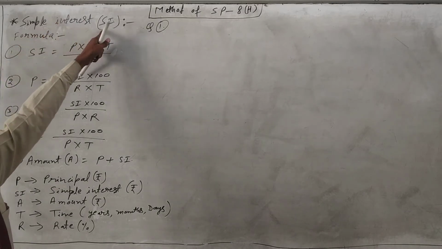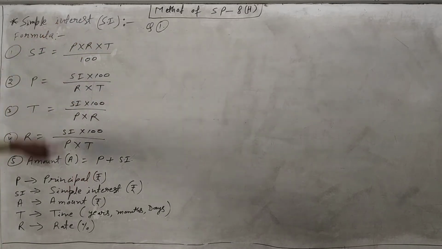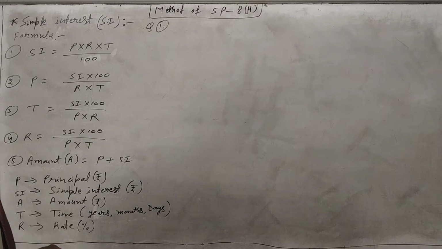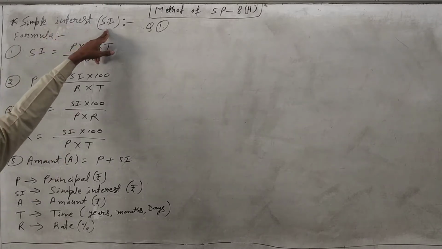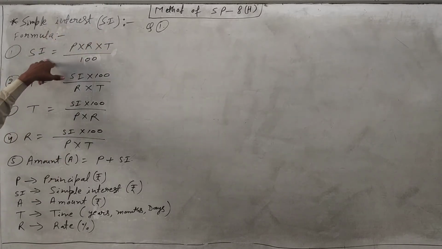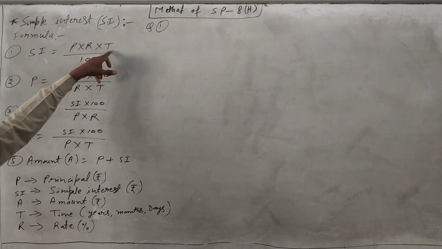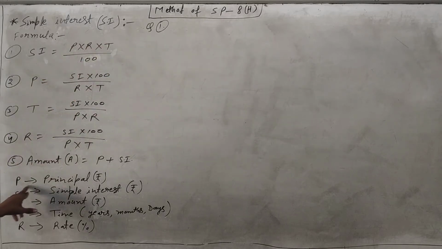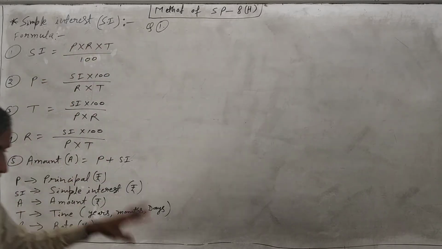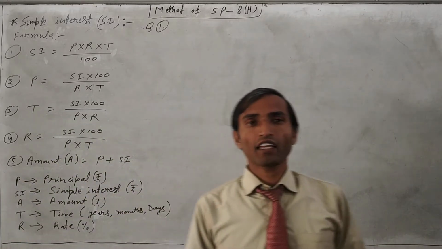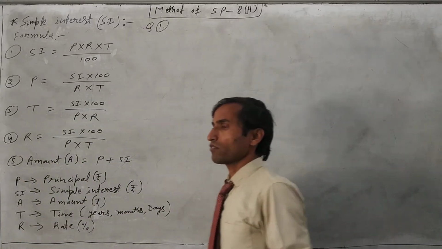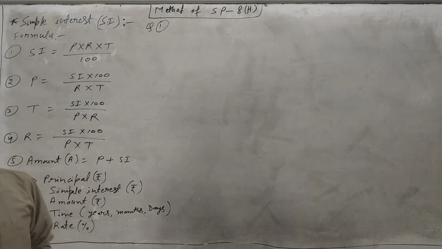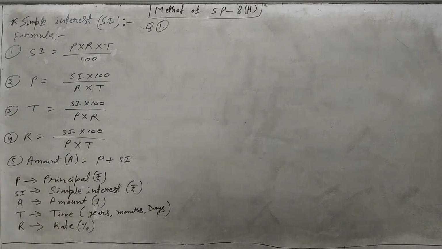For simple interest, this formula is given. The shortcut is called SI. I have written SI is equal to P into R into T upon 100. P means principal, the money which we are taking as a loan. That money may be 2,000 or 10,000. That money is called principal, in rupees.